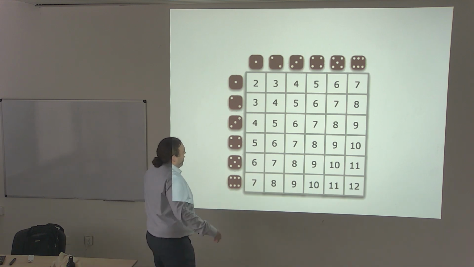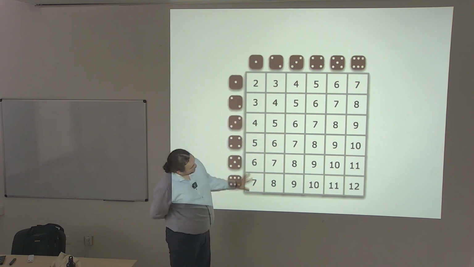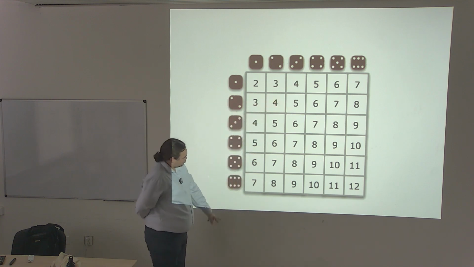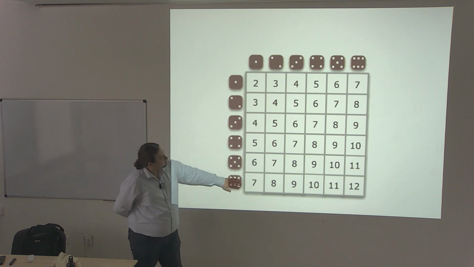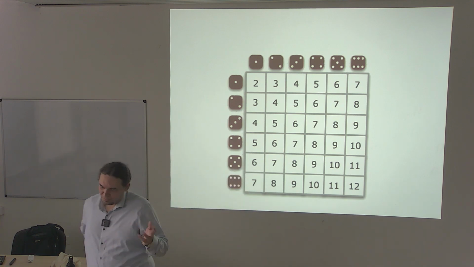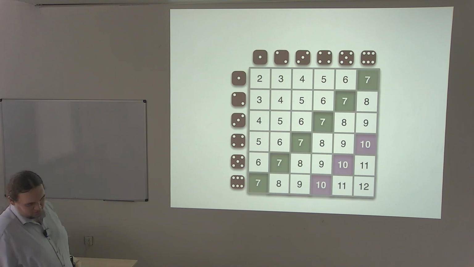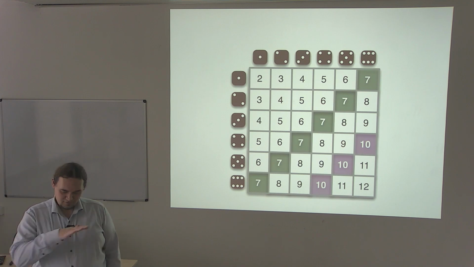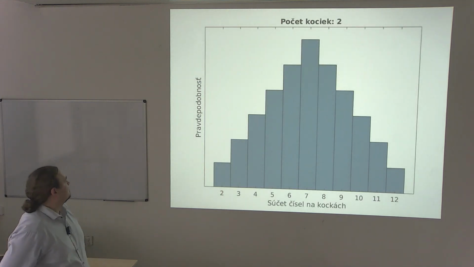But as Adam is mentioning, if we look at the frequency, if we make some kind of histogram, 3, for example, is here only twice, but 7 dominates, because we have 6 plus 1 and 5 plus 2 and 4 plus 3 and so forth.